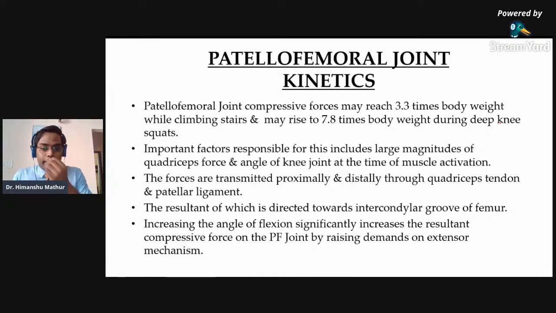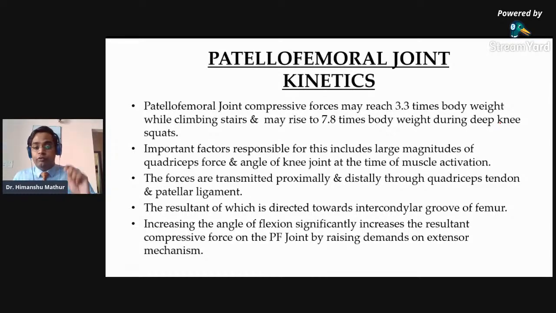Okay, now the important factors that are responsible for this include a large magnitude of the quadriceps force. That is what we talked about in the last few slides, which told us that when it is the position where the external moment arm or the external torque demands are high, whenever there will be high external torque demands, in those cases the force of quadriceps will always be high.